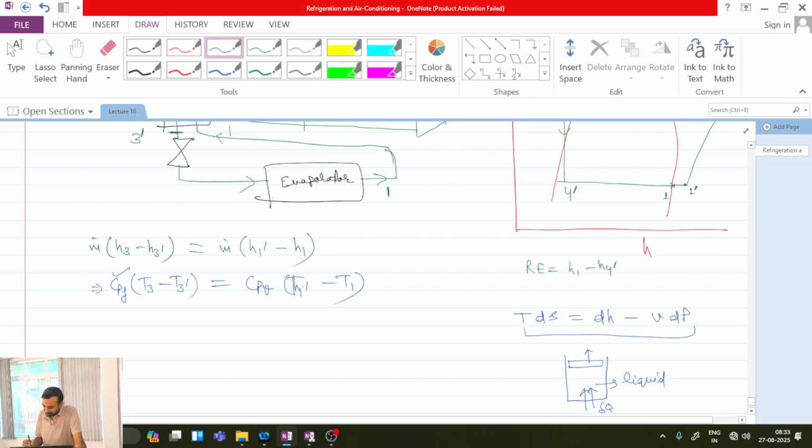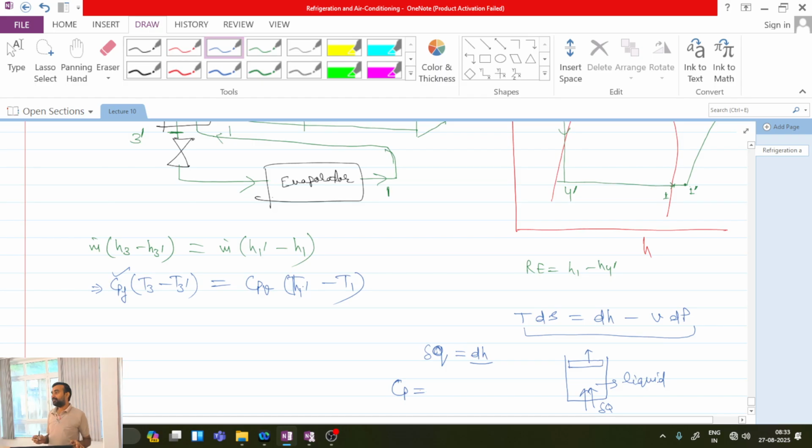So for constant pressure condition, this dP will become equal to 0, and TdS is nothing but, for internally reversible process, delta Q is equal to TdS. From here, delta Q will become equal to dH. Is this one clear? Now, what is the fundamental definition of the Cp?